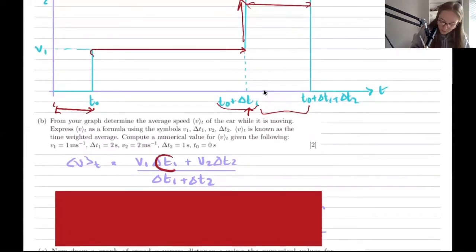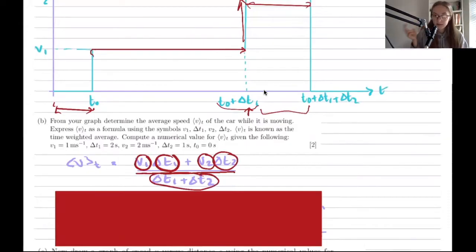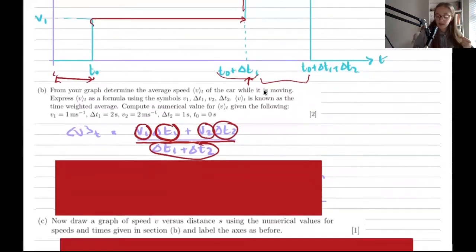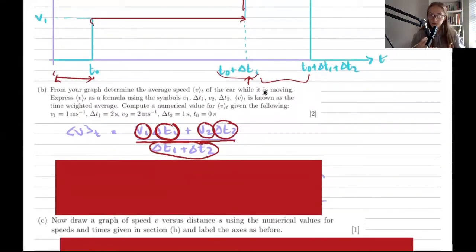So for this portion of the journey, we traveled at this speed. And then for this portion of the journey, we traveled at this speed. So we need to know what our average is from the total journey. So our change in times, essentially, are just portions or percentages of the journey, if you'd like, out of a total journey.